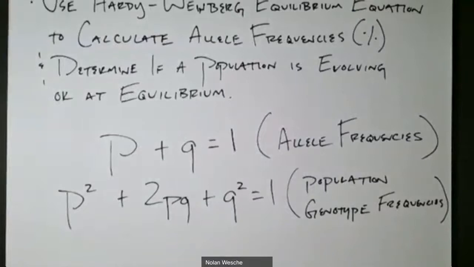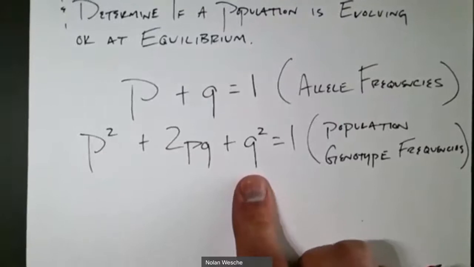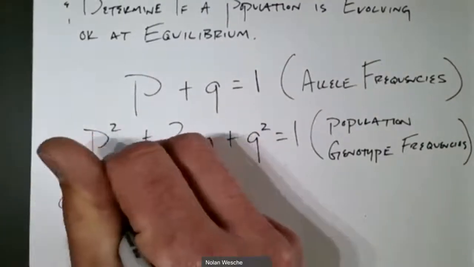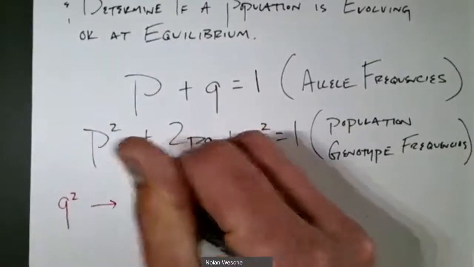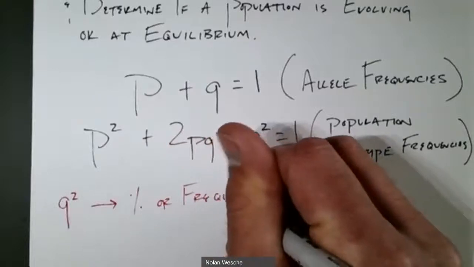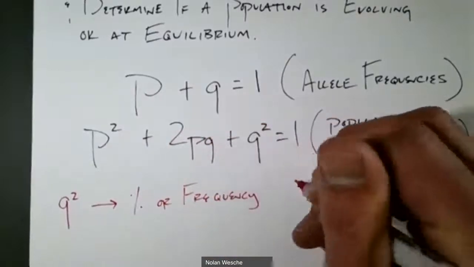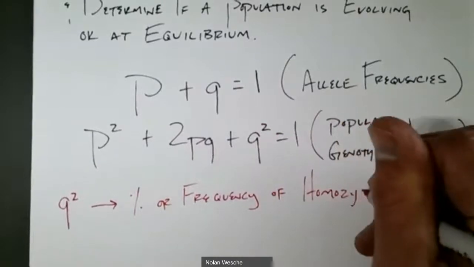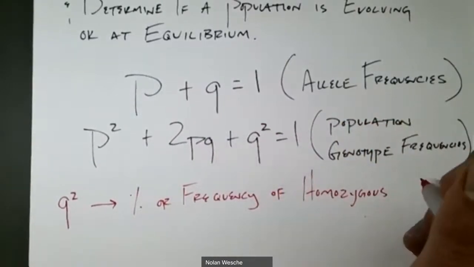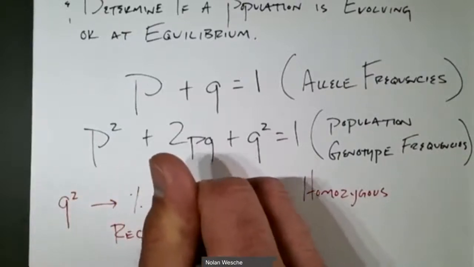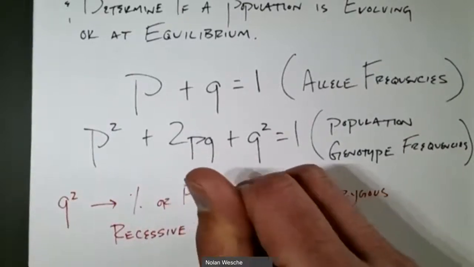So you want to start with this Q squared value. That's typically the place that you begin. Q squared is going to give me the percent or the frequency of homozygous recessive individuals in a population.